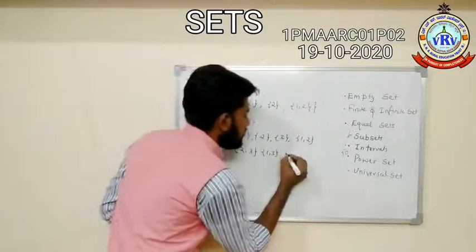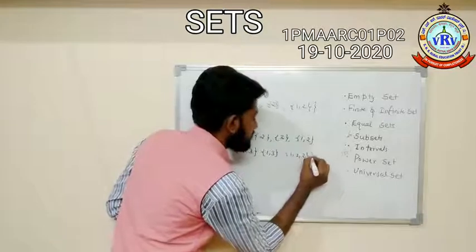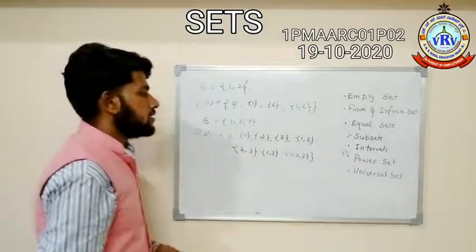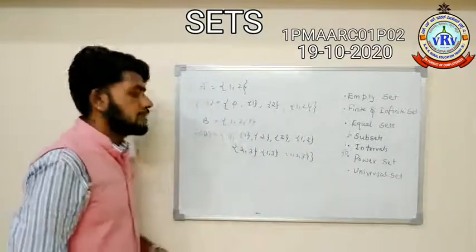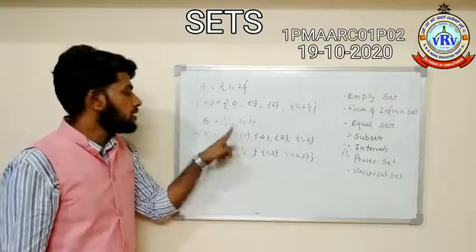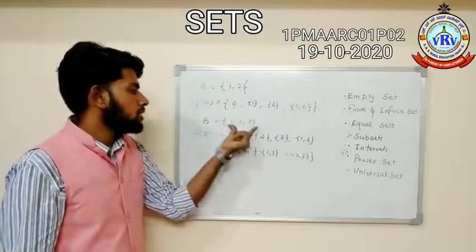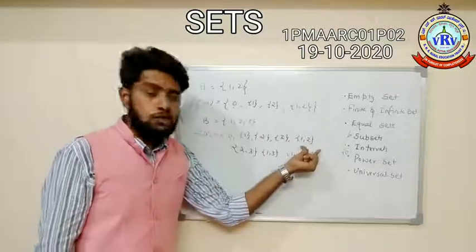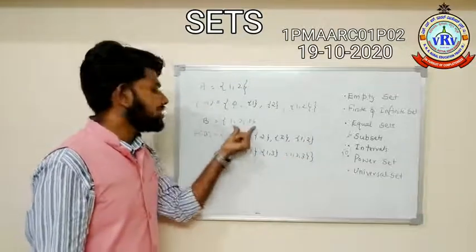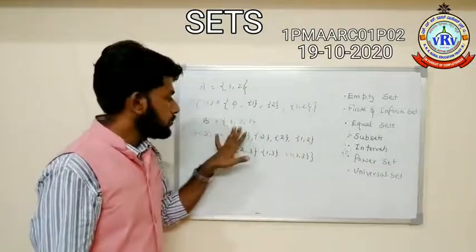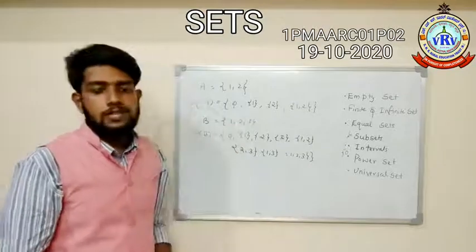Next {1, 2, 3}. These are the subsets of the set B. 1 is a subset of B, 2 is a subset of B, 3 is a subset of B, {1, 2} is a subset of B, {2, 3} is a subset of B, {1, 3} is a subset of B, {1, 2, 3} is a subset of B.